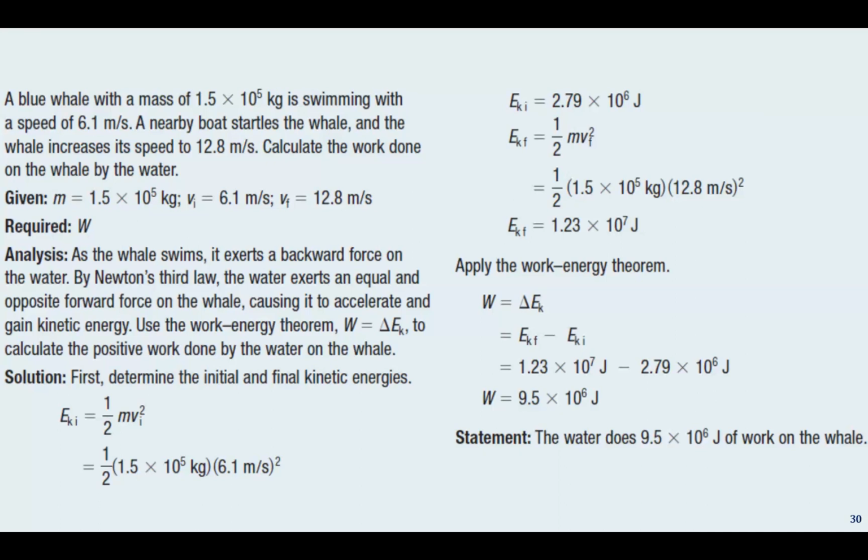Then we can apply the work energy theorem, W equals delta E_K, which is the difference between the final kinetic energy and initial kinetic energy. Put all the values in, then we know the work done by the water is 9.5 times 10 to the power of 6 joules.